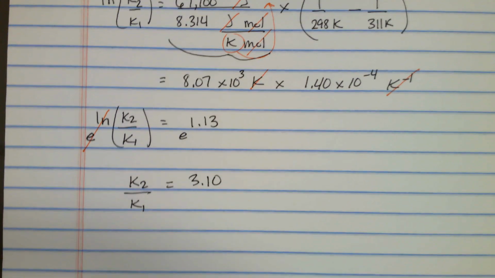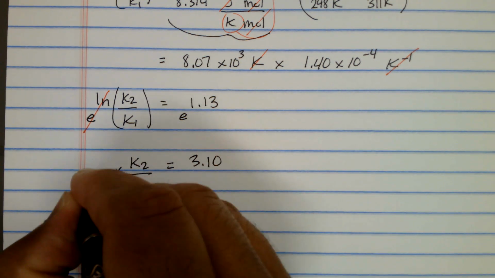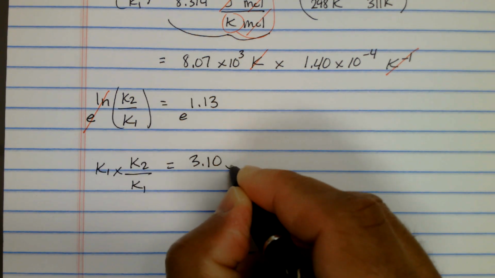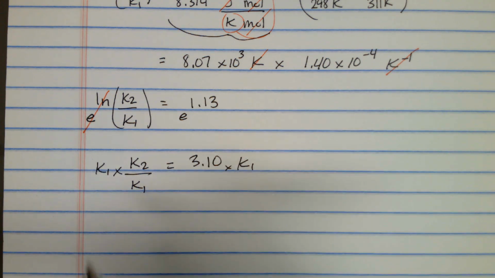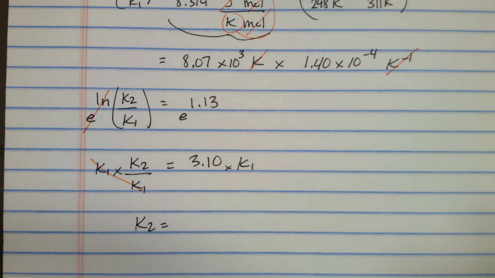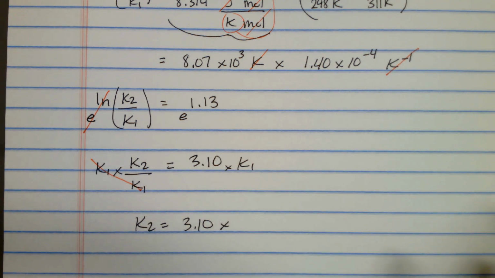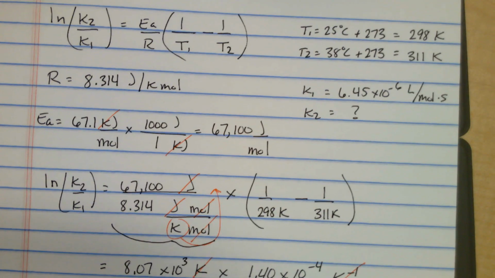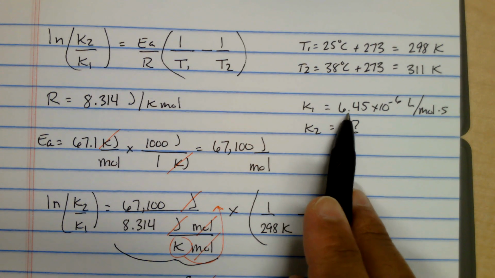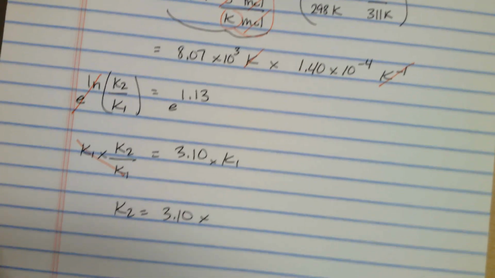And so here's where we finalize our problem. We'll multiply both sides by k1, and we'll solve for k2. K1 is given to us at the beginning of the problem, 6.45 times 10 raised to the minus 6 liter per mole second.